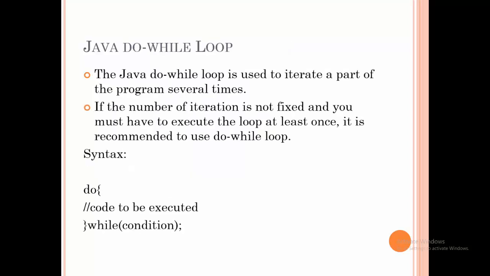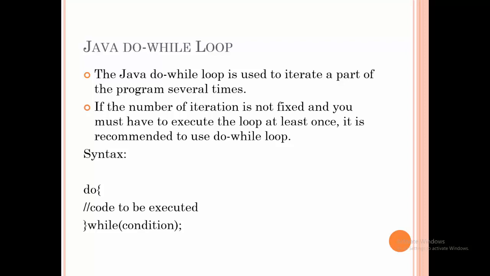Okay, the next one is the Java do while loop. This do while loop is used to iterate a part or a block of code several times. It is used if the number of iterations is not fixed and you must execute the loop at least once.